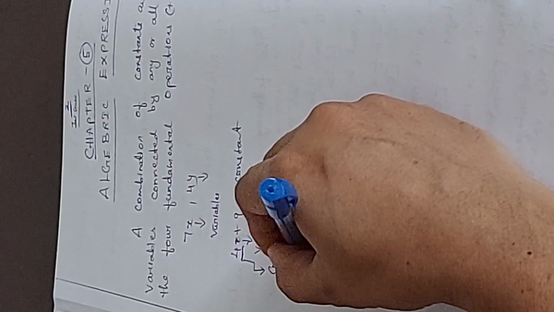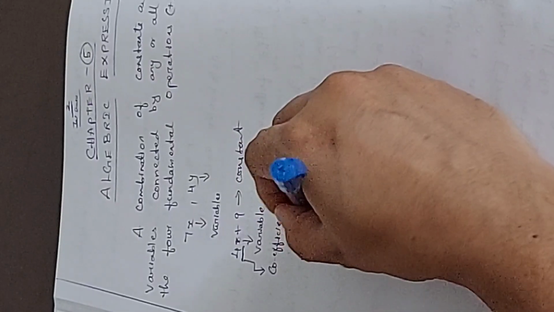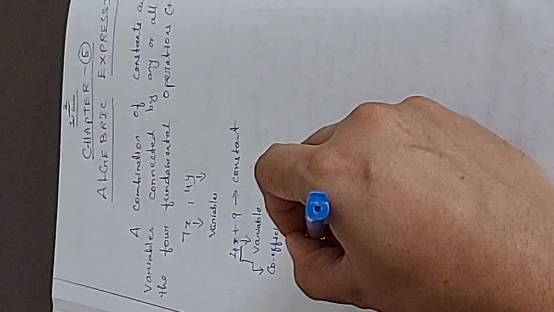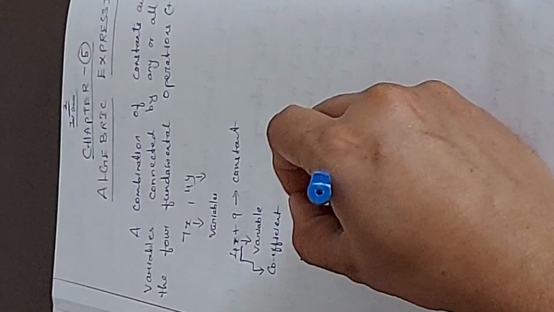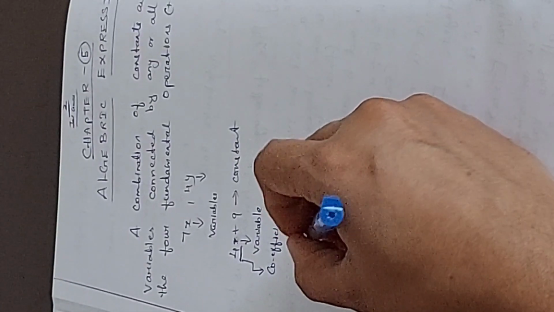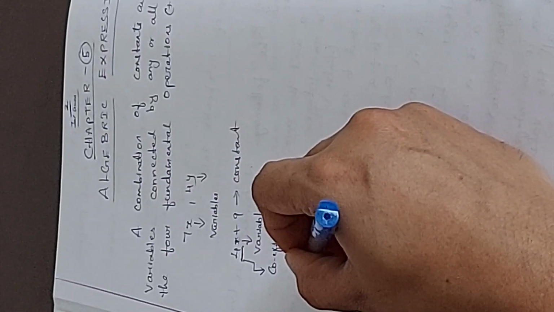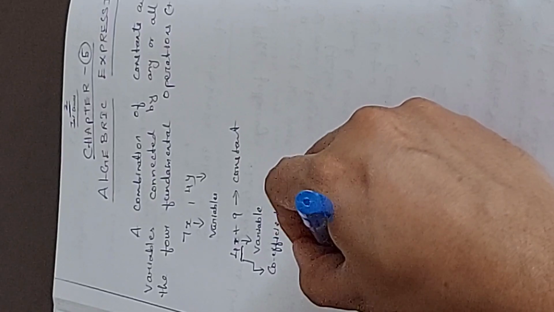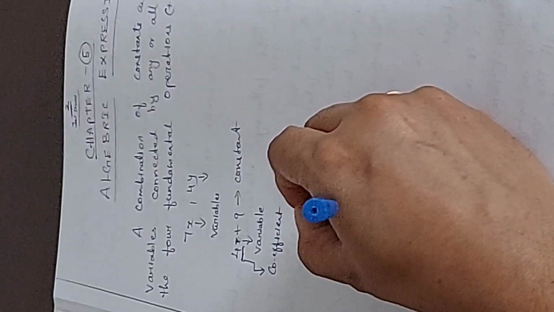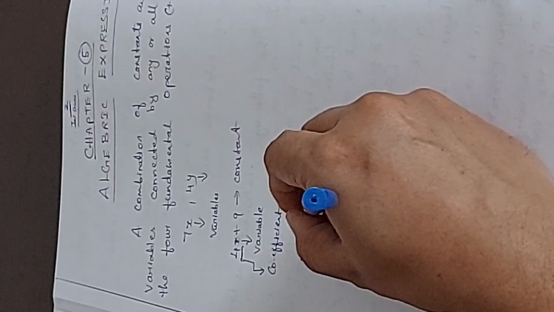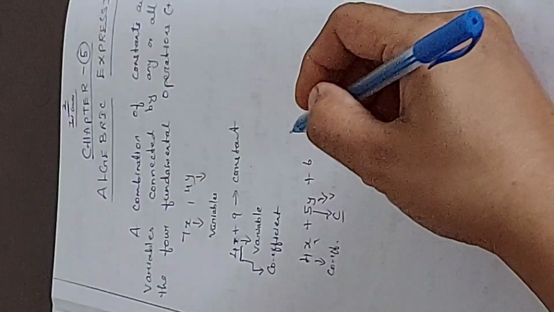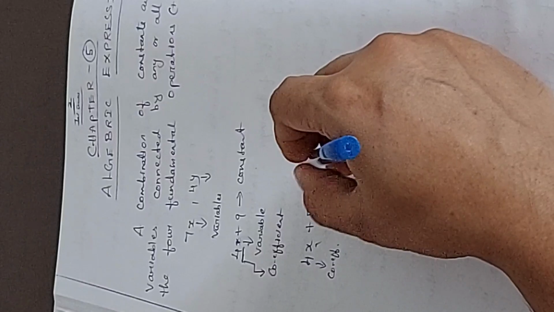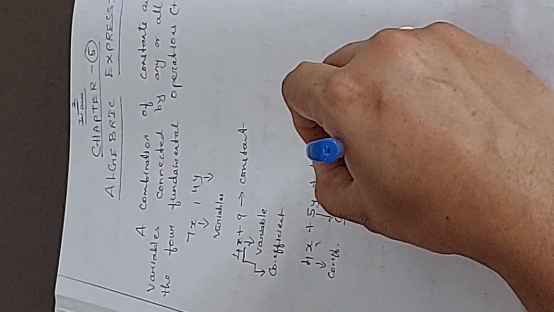So if I take 4x plus 5y plus 6, then x is a variable and y is a variable, and what is the coefficient of x? It is multiplied with 4, so 4 is the coefficient, right? And what is the coefficient of y? This is the variable and 5 is the coefficient. Do you understand? And 6, without any variable, is called a constant.